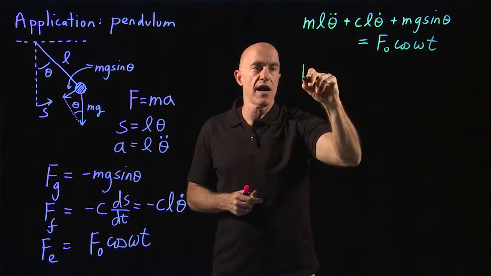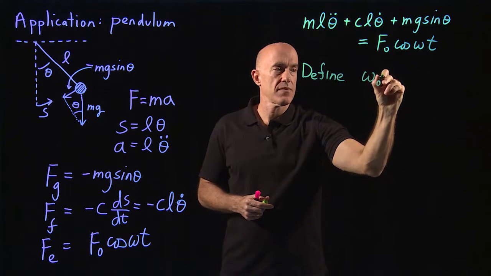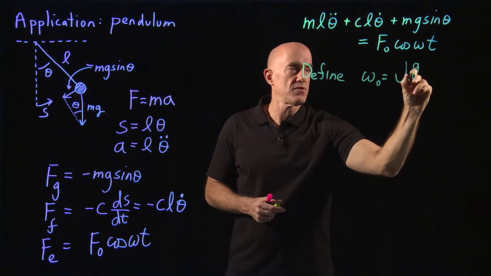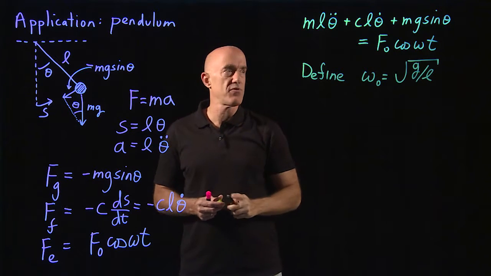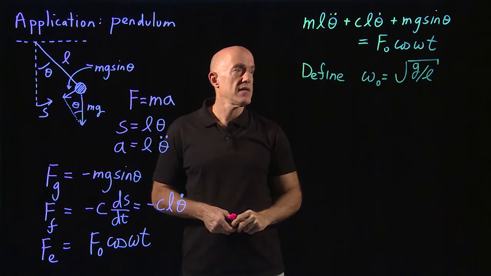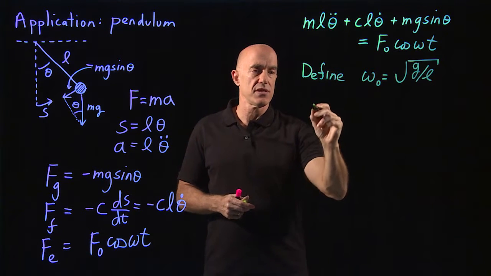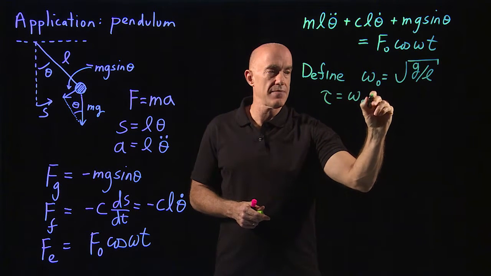So we can define our omega naught equals the square root of g over L, just like we did in the previous equations. If we do that, then we can define a dimensionless time. So tau is omega naught times t.